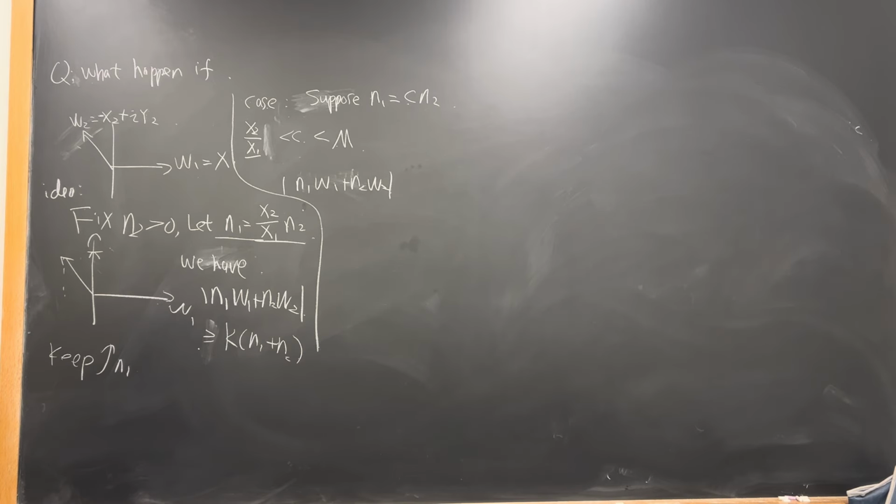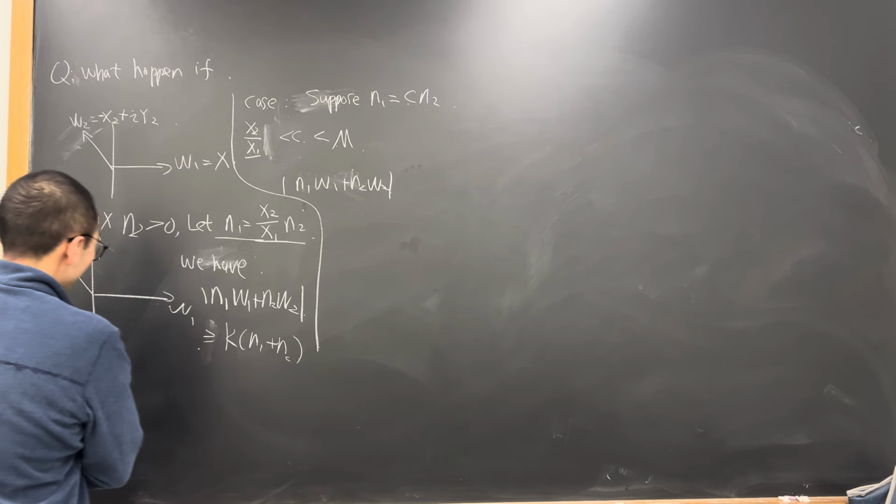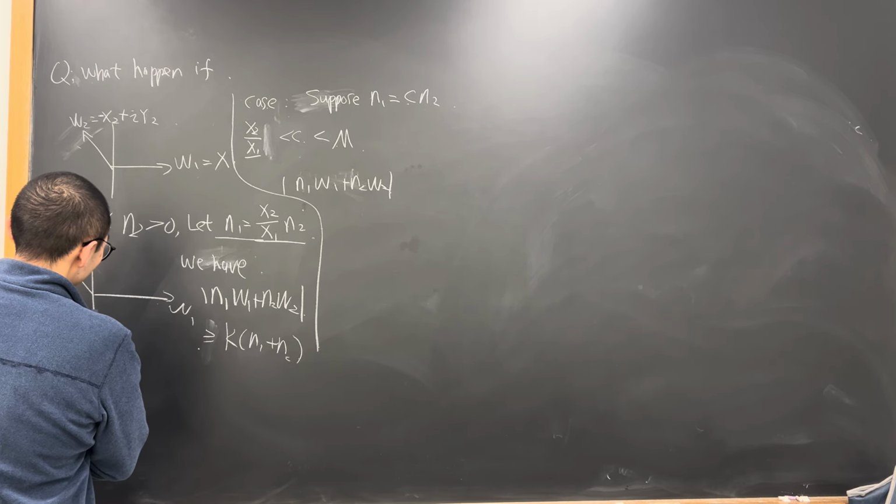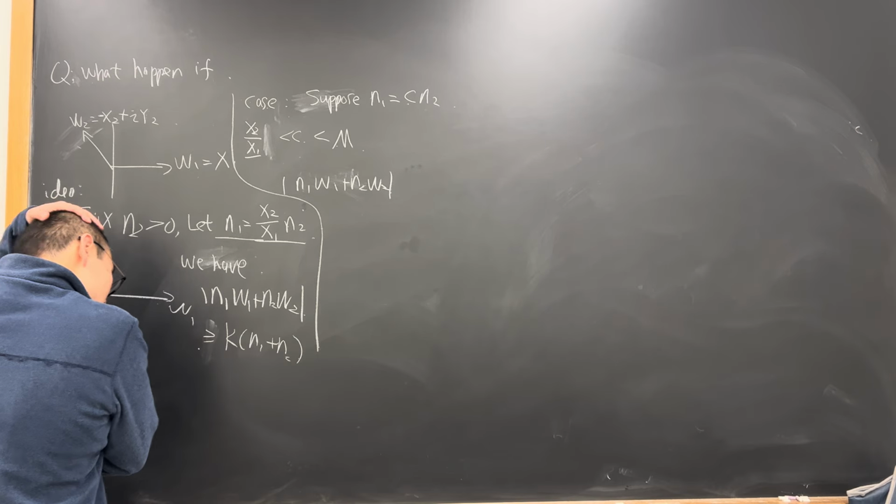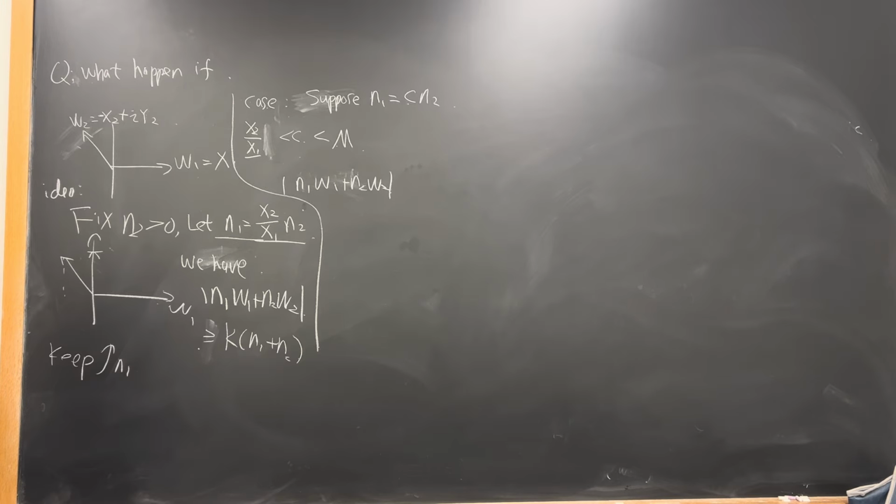I think I made an argument that works for the previous normalized case, but in this case, let me try to recall what I did. I think there is some rescale argument that maybe I should apply here.